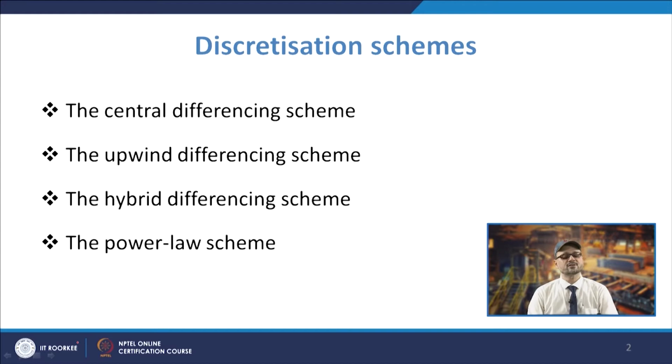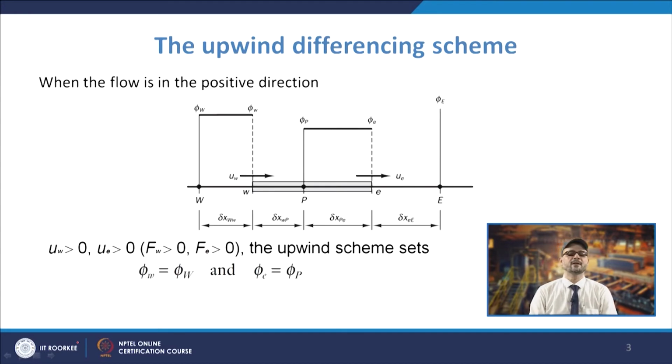We have talked about the central differencing scheme earlier, where we take the values based on both the east and west nodal values. Next comes the upwind differencing scheme. Normally this applies when you have a flow direction, and the central differencing scheme has an inability there.